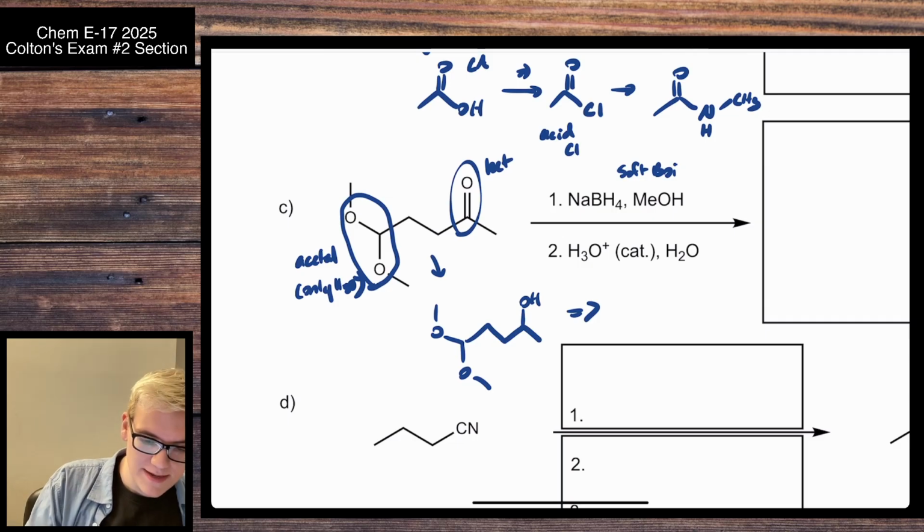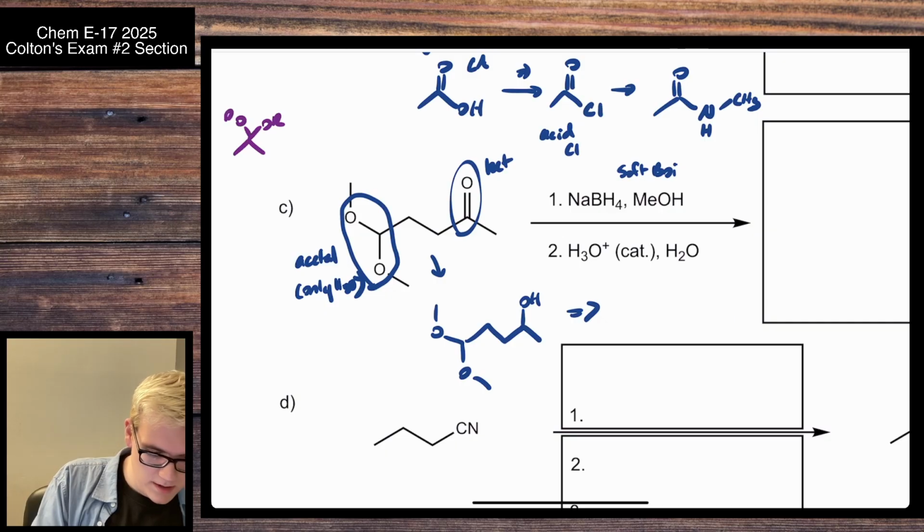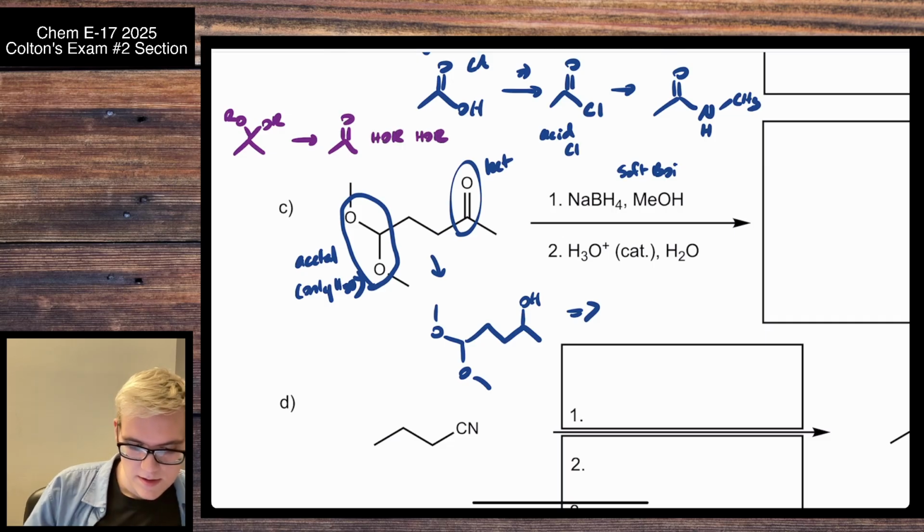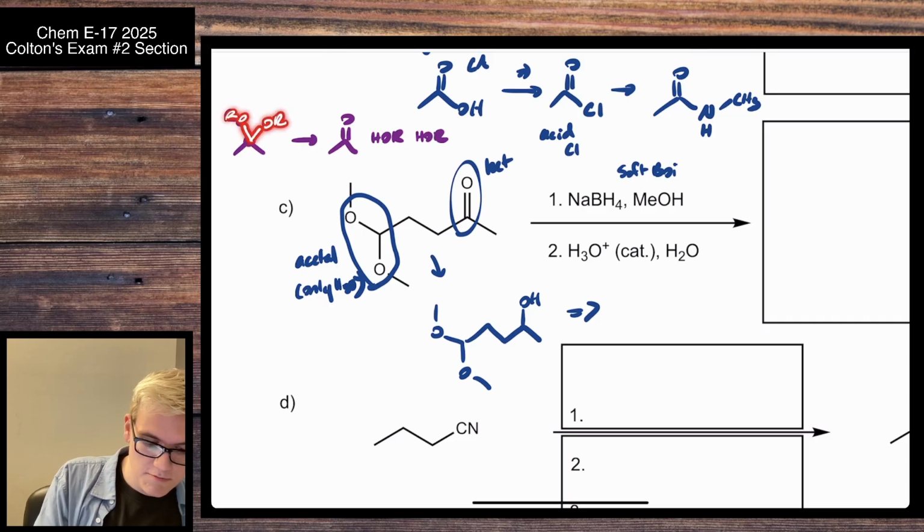Remember, generally speaking, we have an acetal with two OR groups going to a carbonyl and two HORs. So our strategy here is we want to find the carbon that's bonded to both of these OR groups. We want to cut both of those bonds. And then on the bottom, we put a carbonyl on it. And the ORs that we cut off, we add hydrogens.